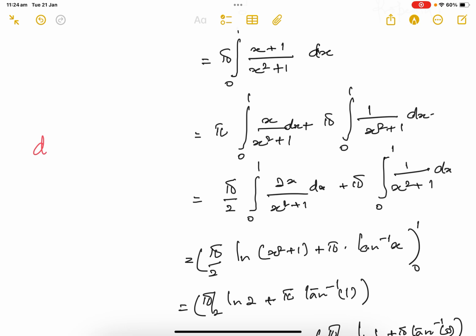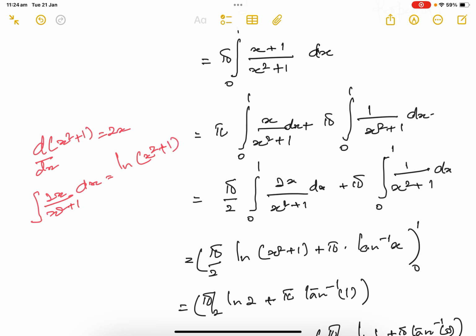The differentiation of x squared plus 1 with respect to x equals 2x, and then the integral of 2x over (x squared plus 1) dx equals log of (x squared plus 1).